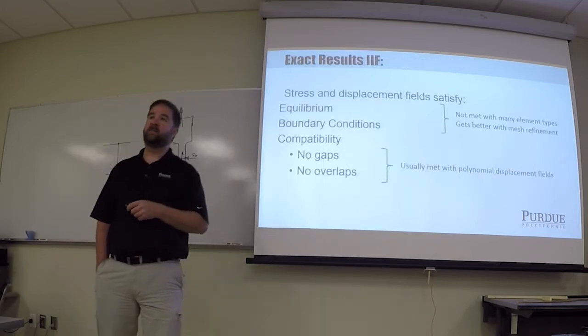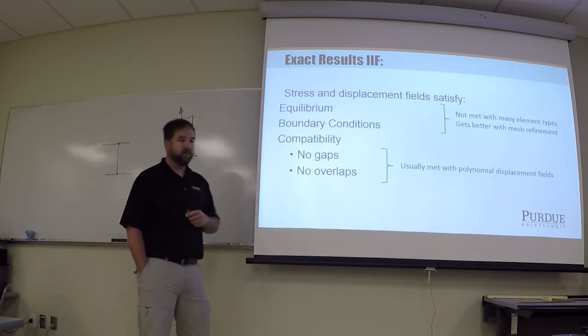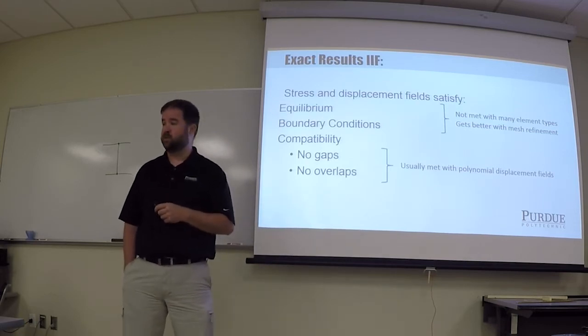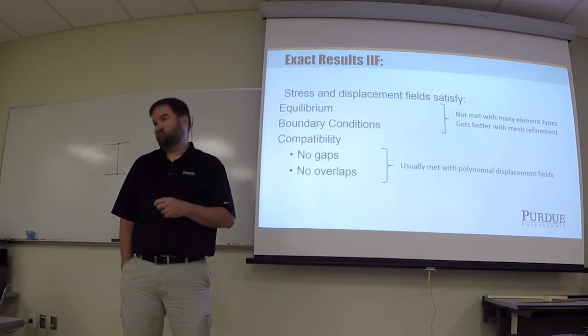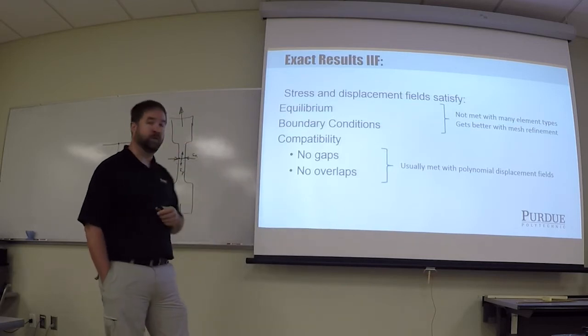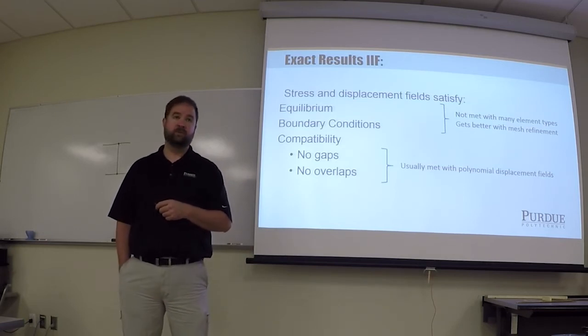So, something that I haven't made a big deal about yet is the difference between exact results and non-exact results. With our beam elements, so the assignment 3 and 4 that we've done, we should be getting exact results.